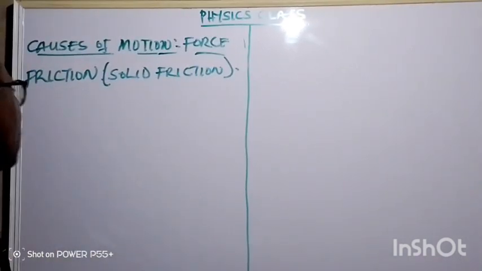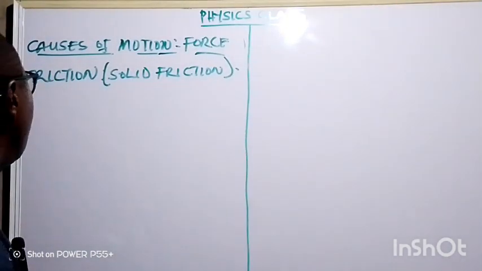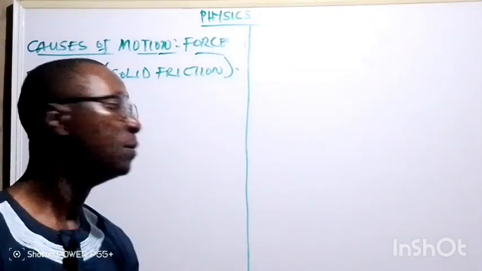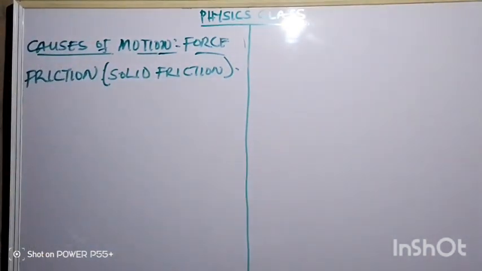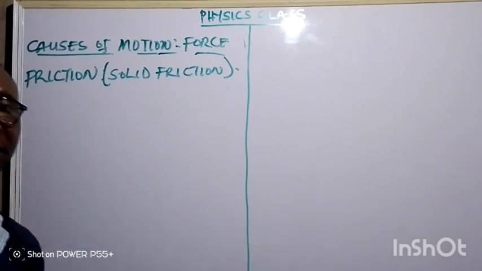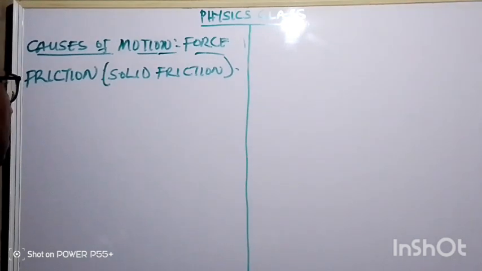Friction is the force that opposes the relative motion of two solid objects in contact. Or in another way, you can say friction is the resisting force that exists between two surfaces in contact.